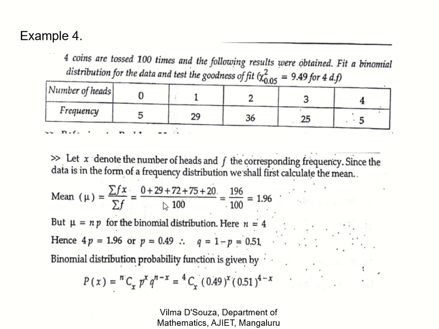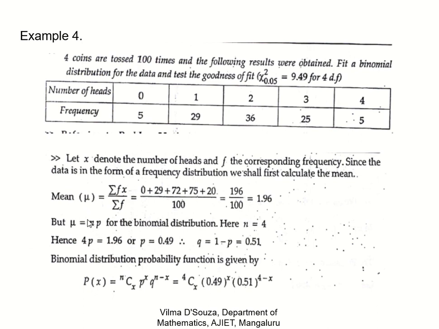Hope you understood. This is how first you calculate mean mu, summation f into x divided by summation f. Then since this is the binomial distribution, use the formula for binomial distribution. In case of binomial distribution, mu is equal to np.